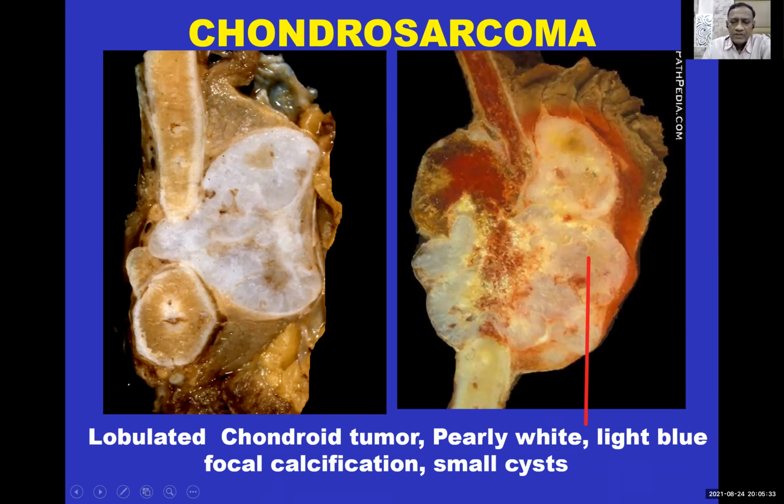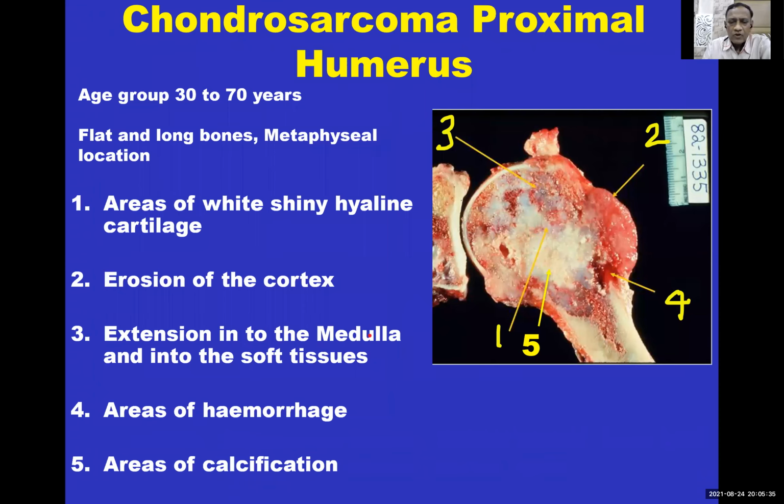This is another specimen of proximal humerus chondrosarcoma, which shows areas of white shiny hyaline cartilage, erosion of the cortex, extension into the medulla and into the soft tissue, areas of hemorrhage, and areas of calcification. So calcification is very, very important for chondrosarcoma.